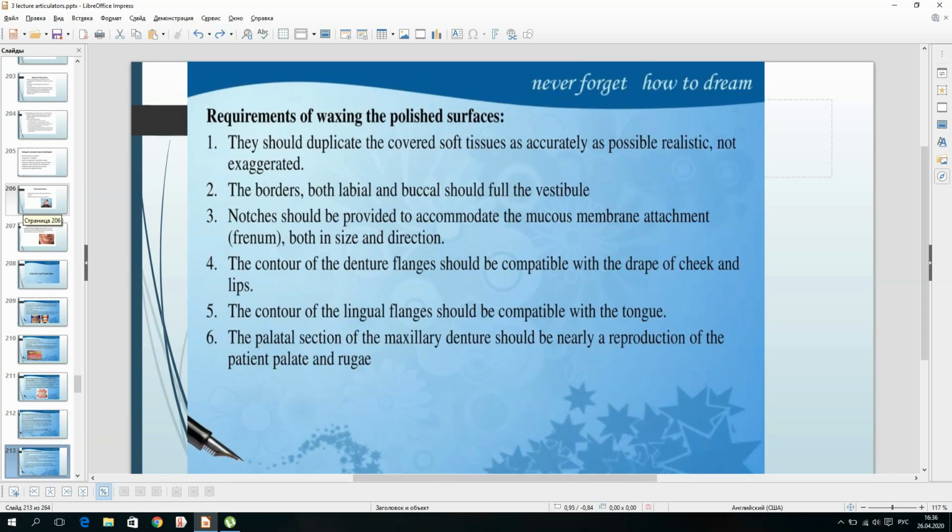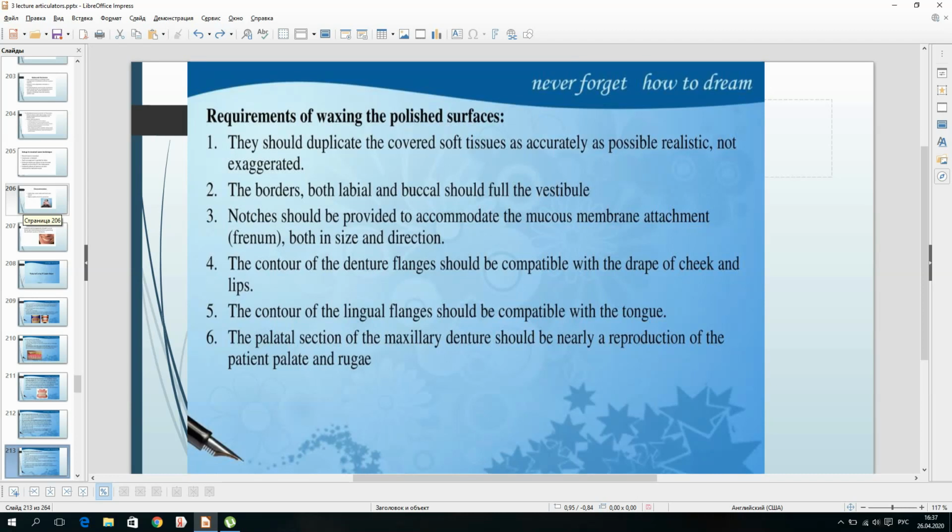They should duplicate the soft tissues as accurately as possible, realistic, not exaggerated. The borders, both labial and buccal, should fill the vestibule. Notches should be provided to accommodate the mucous membrane attachment and frenum, both in size and direction.